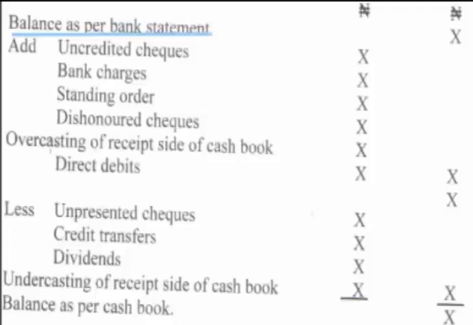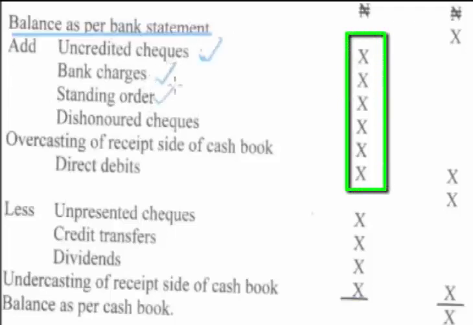In the first one, in balance as per cash book, all the items we added there, in balance as per bank statement, we subtract them. All the items we subtracted in getting our balance as per bank statement in the first format, we simply add them. So in balance as per bank statement, we add on unpresented checks, bank charges, standing order, dishonored checks, overcasting of the receipt side of the cash book, and direct debits.